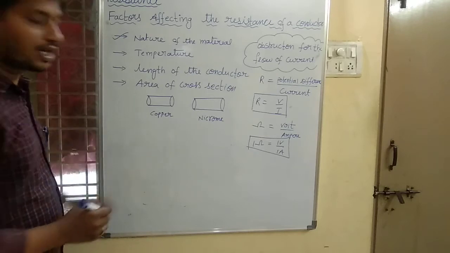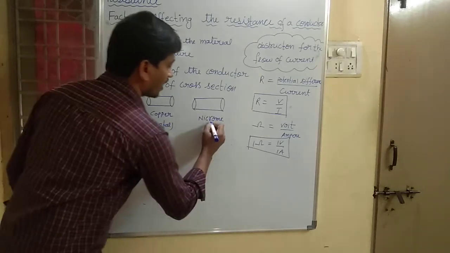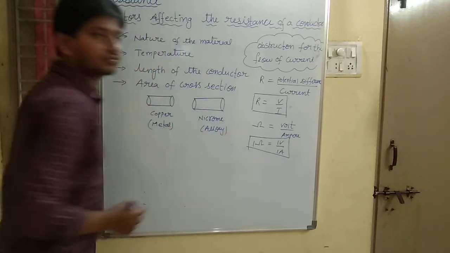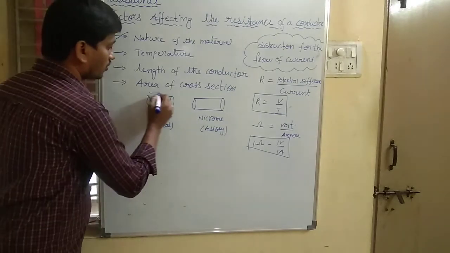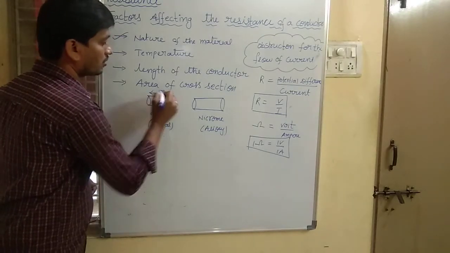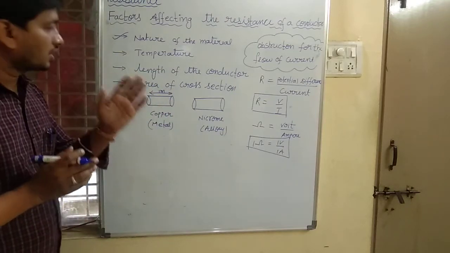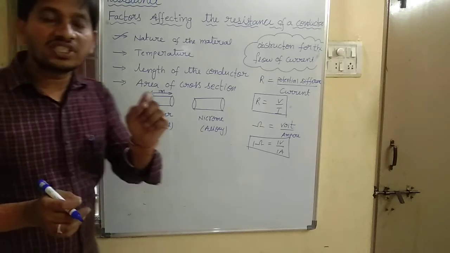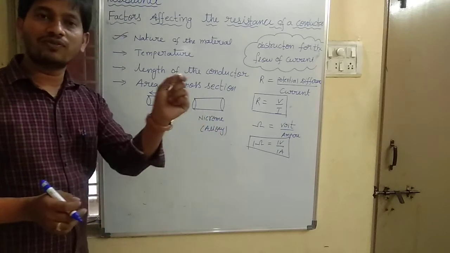So copper is a metal, and nichrome wire is an alloy. Both are of same length, and area of cross section is also same.